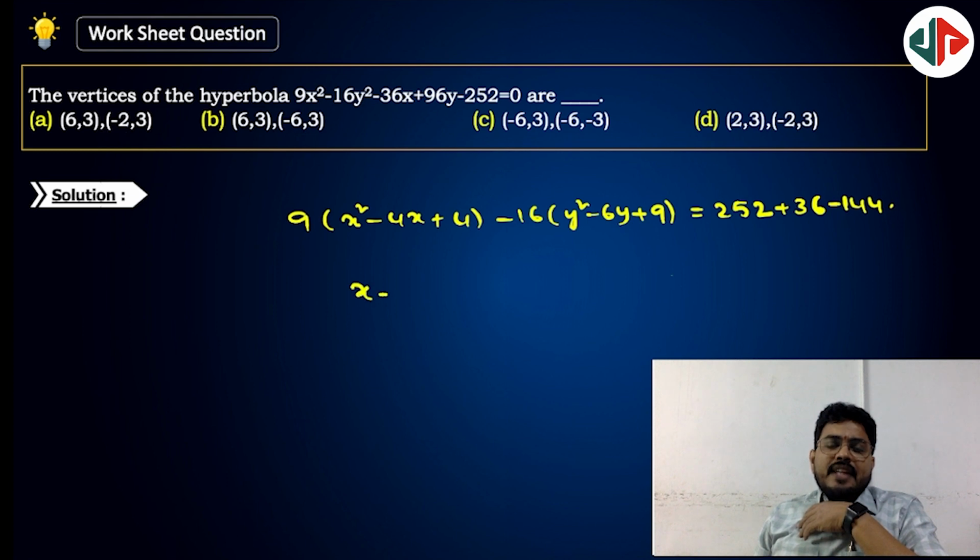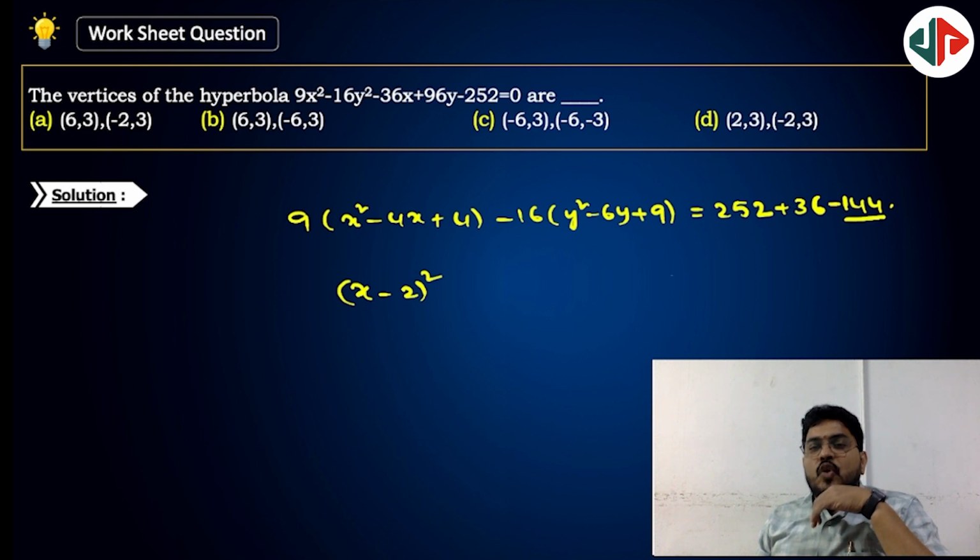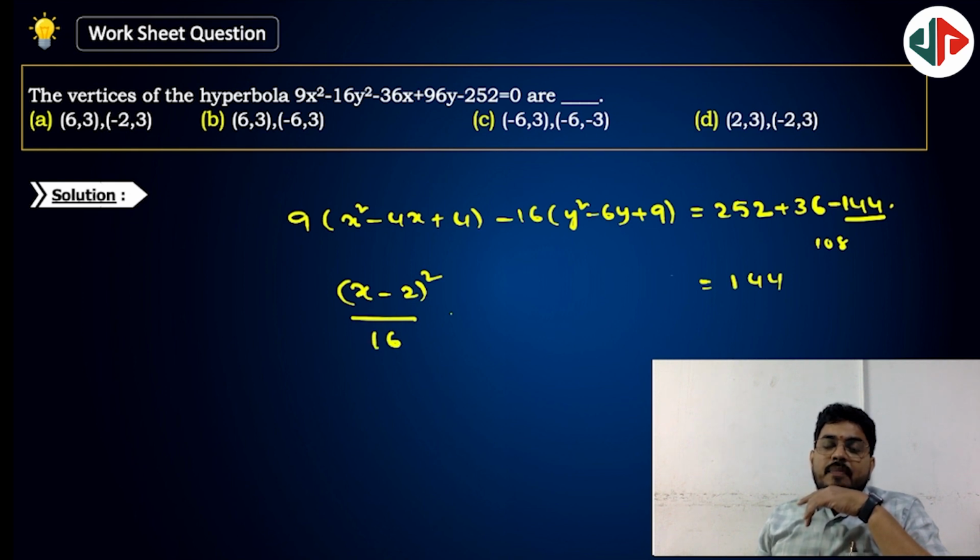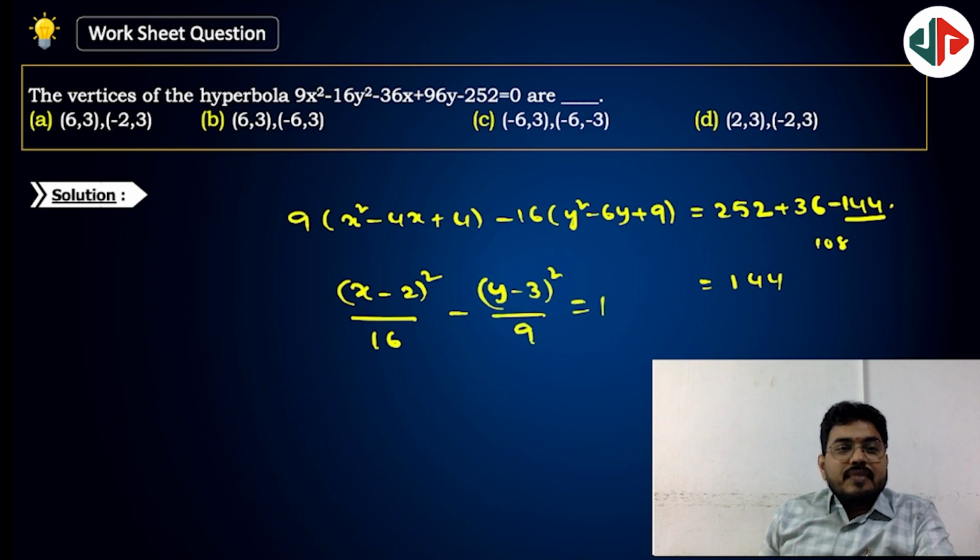So x minus 2 whole square by 144, 36 means 108, 144. So x minus 2 whole square by 16 minus y minus 3 whole square by 9 is equal to 1.